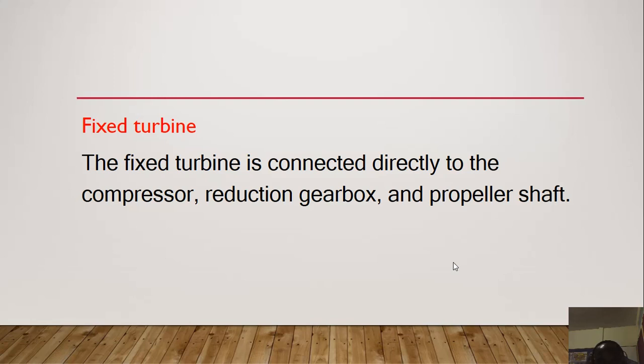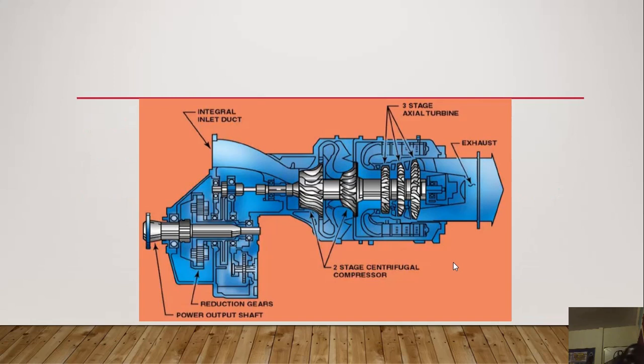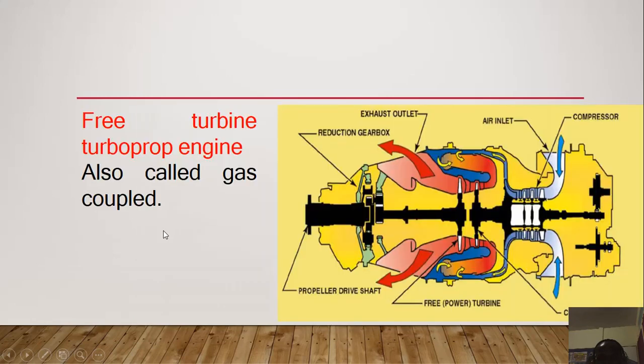Briefly, we see the reduction gears, power output shaft, integral inlet duct, two-stage centrifugal compressor, and three-stage axial turbine. So we see that the turbine is directly connected to the compressor, the propeller and the reduction gears.